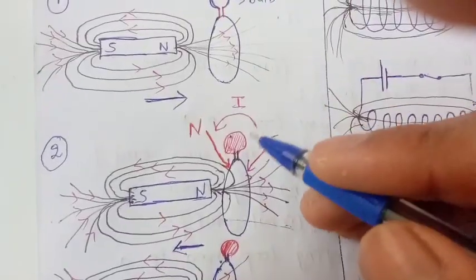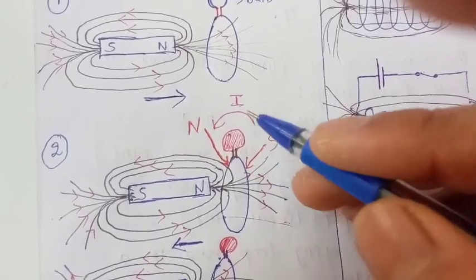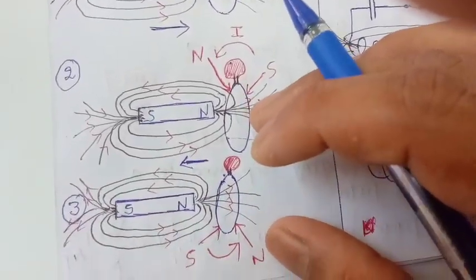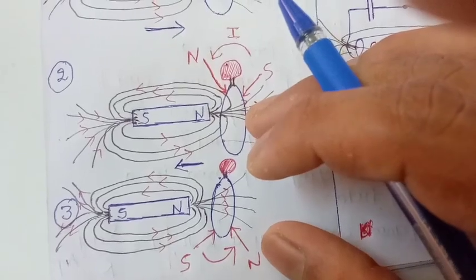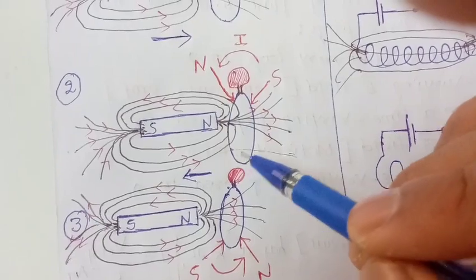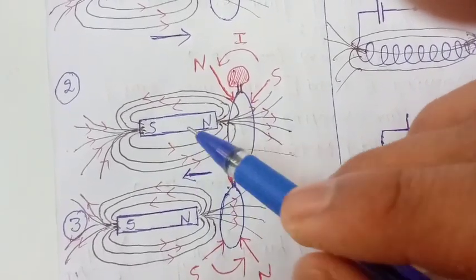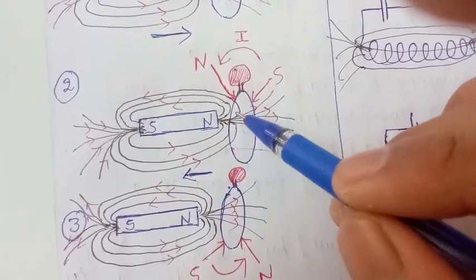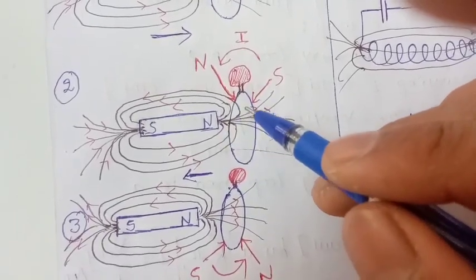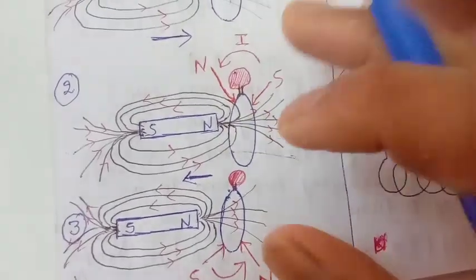Later I will tell what this north pole and south pole are, I will discuss that later. From these two observations Faraday got an idea that by changing the magnetic field, or the magnetic flux, through this coil, there is a voltage present in the circuit which leads to a flow of current.